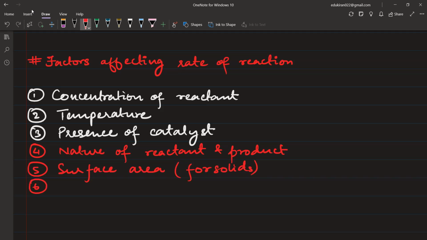Then the sixth one is exposure to radiation. In examination, you will be asked questions only about these three, but we'll talk about a few things about these factors also. Write this down.